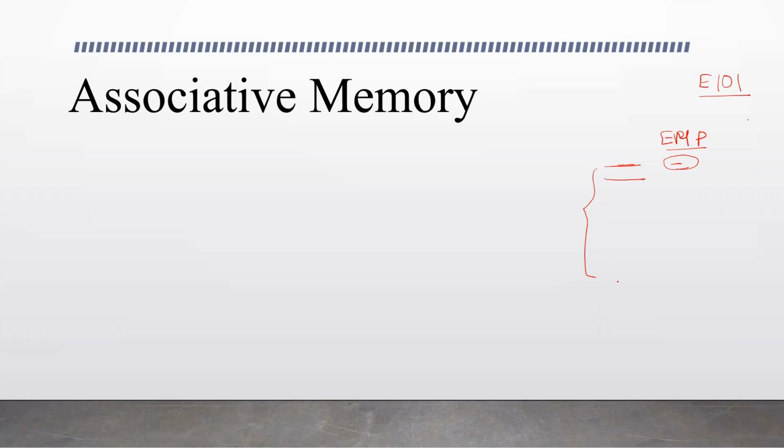These are all related locations where this employee's details are stored. So we have selected this address and this address location, and this data is compared with this. This way, based on the address, the search is done.